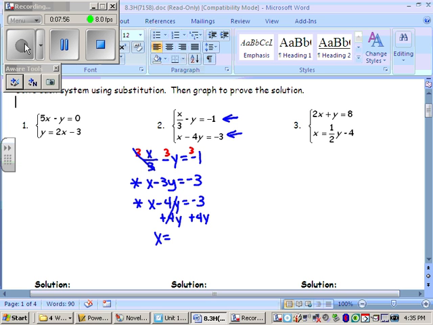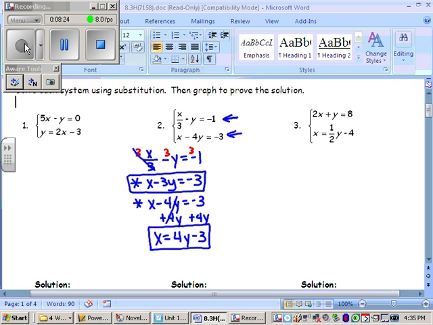So we would have x equals the expression 4y minus 3. So let me go ahead and box the first equation that we cleared the fractions for, and then the second equation that we solved for x, because that is really what we're going to want to use for our new system of equations as we go through the substitution process.